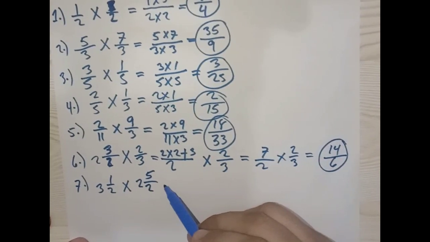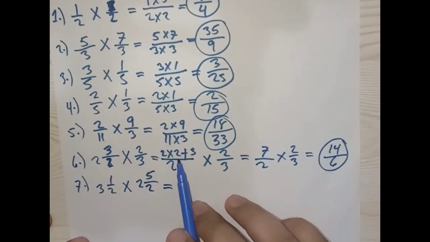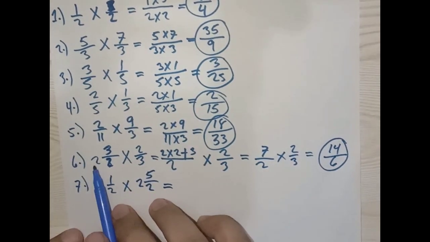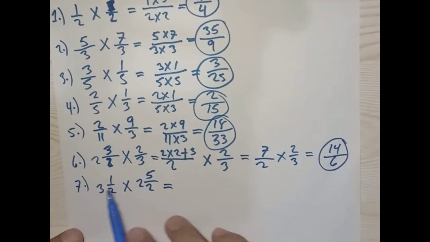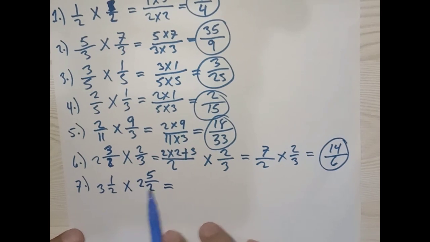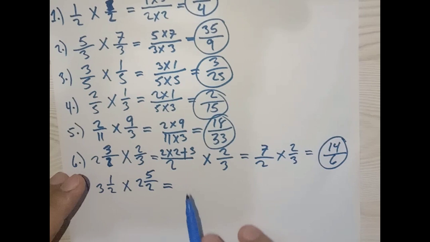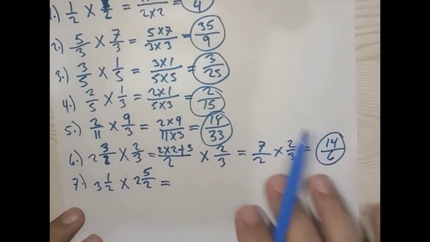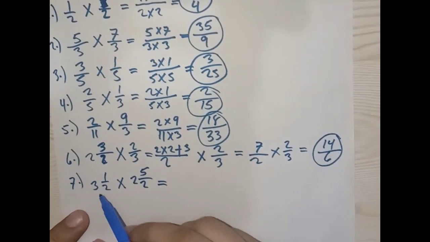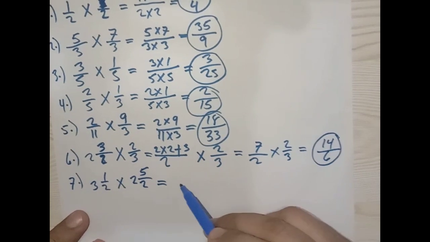Okay. So, we use the same process as in number 6. The only difference is that both are mixed numbers. So, the first thing we do is change the two mixed numbers into improper fractions and then proceed to the next step.